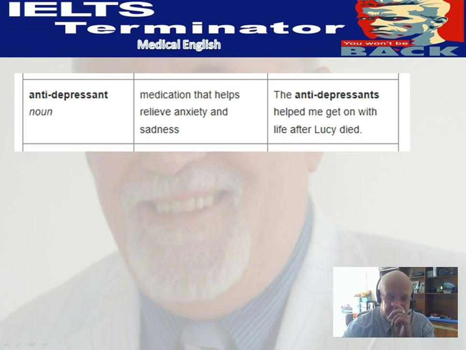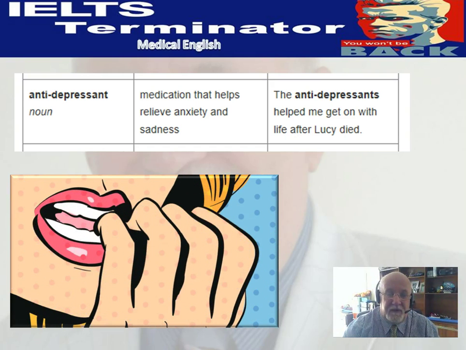Anti means against. We might hear something like this: the antidepressants helped me get on with life after Lucy died. Antidepressants are medication that helps relieve anxiety, sadness, stress. In other words, calms the patient down after a traumatic event. Or maybe it's an imagined event. However, antidepressants are often prescribed.